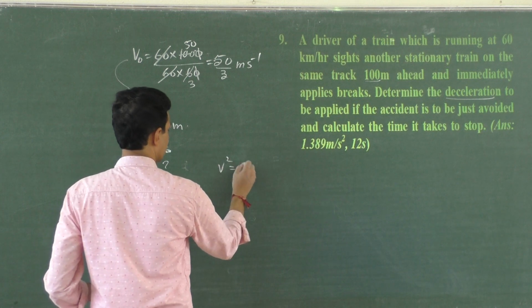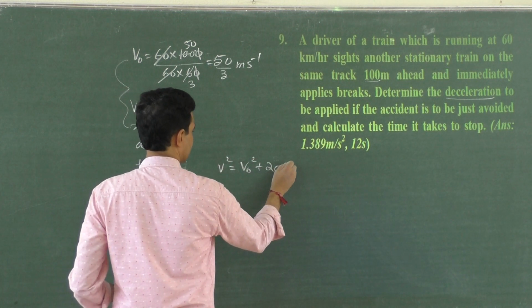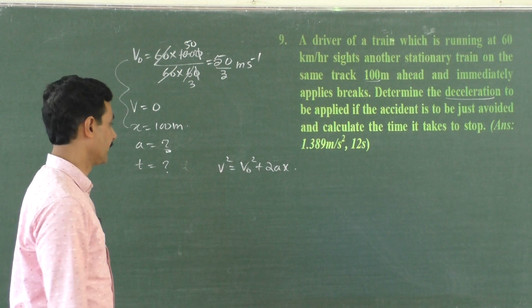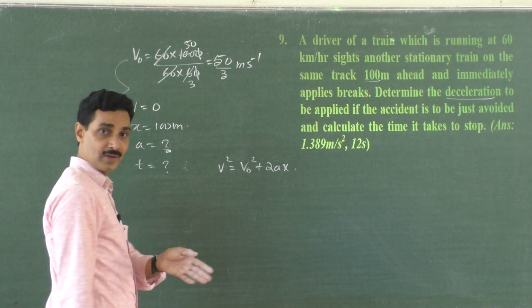V square is equal to V naught square plus 2ax is better. Of course, the other also gives the answer.